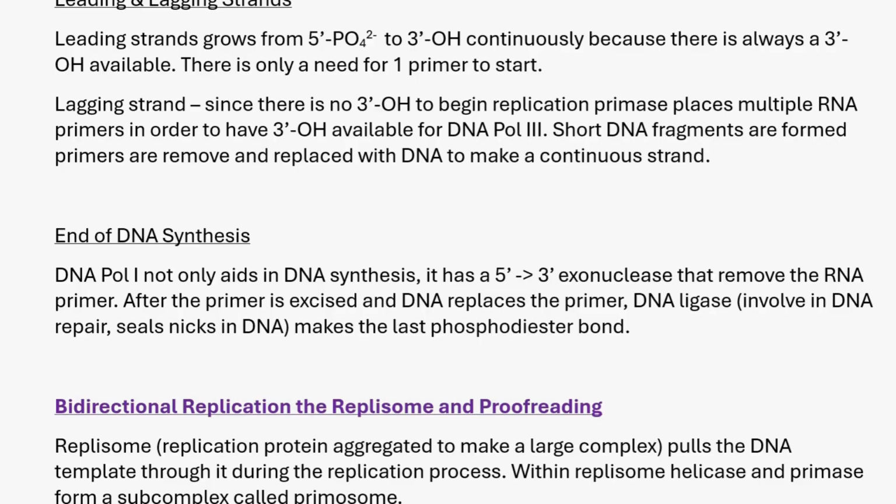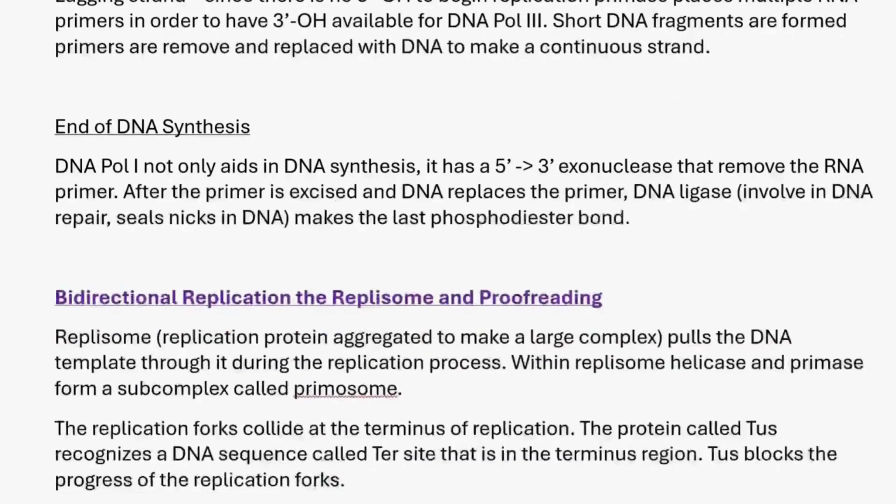DNA ligase, which plays a crucial role in DNA repair, seals the remaining nicks between the adjacent DNA fragments by forming the final phosphodiester bonds. DNA replication is bidirectional, meaning that it proceeds outward in both directions from the origin of replication.